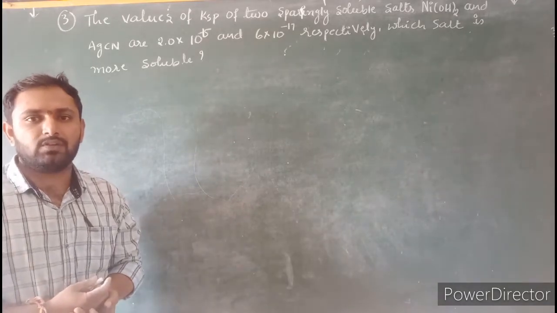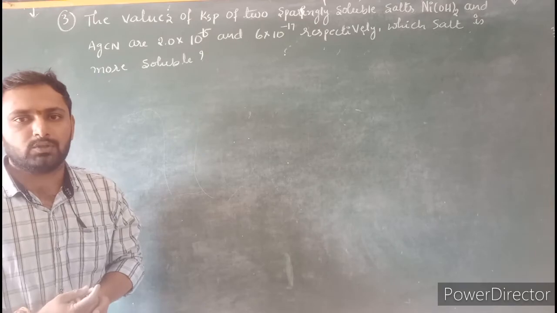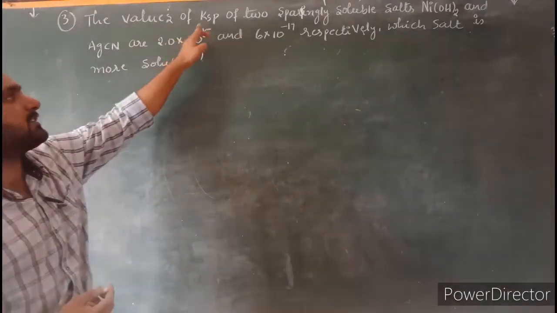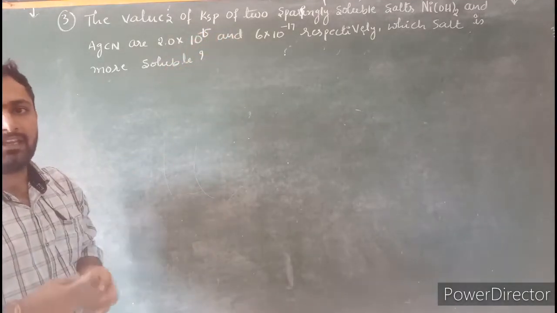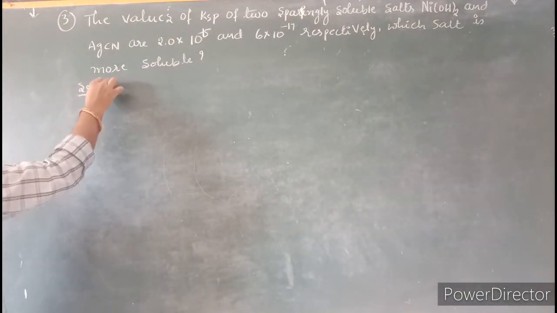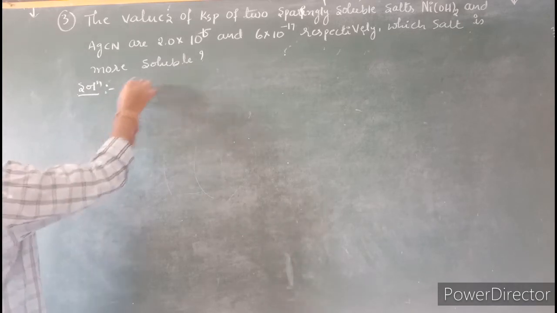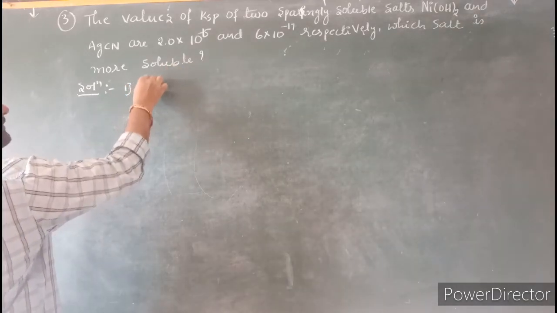To identify which salt is more soluble, first we have to calculate solubility for both salts by using Ksp values. First let us write the given data. The first one is nickel hydroxide.